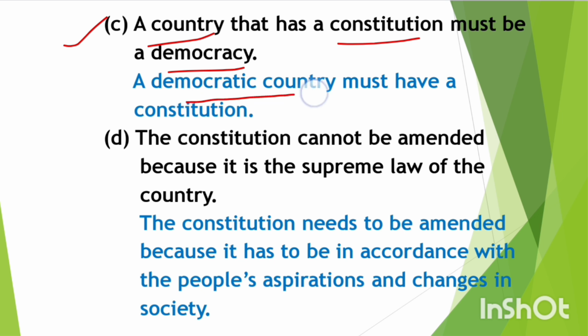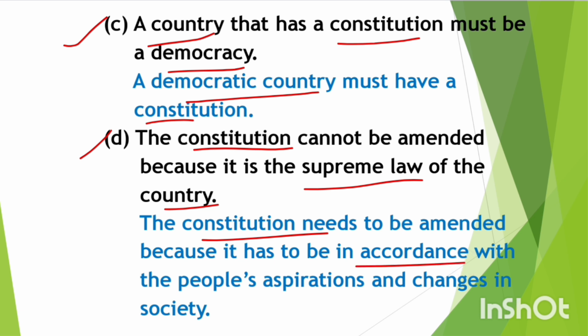Answer: A democratic country must have a constitution. Next D: The Constitution cannot be amended because it is the supreme law of the country. Answer: The Constitution needs to be amended because it has to be in accordance with the people's aspirations and change in society.